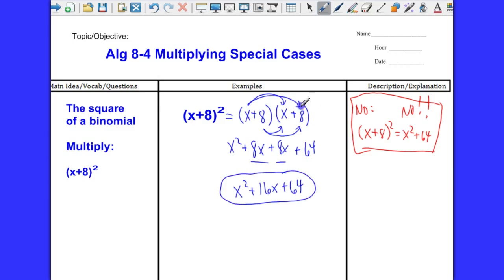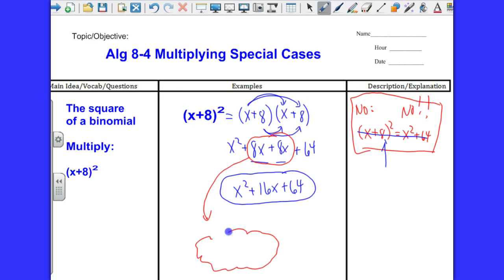So one way to do this problem is to just multiply it out. Do not just try to think that that's what it is, because that is not the same thing at all. Now what I would like to point out here, in a different color, is that you have right here 8x plus 8x. I'm going to make a note that you have two 8x's, 2 times 8x, and add that to your notes because that's going to be helpful for us.